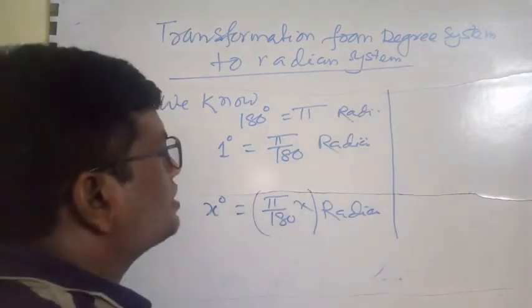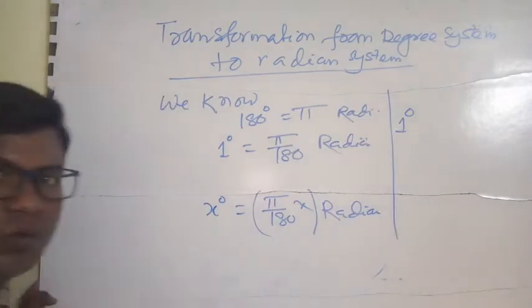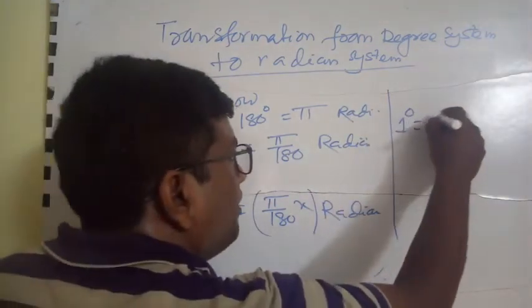If we calculate, 1 degree is equal to pi by 180.